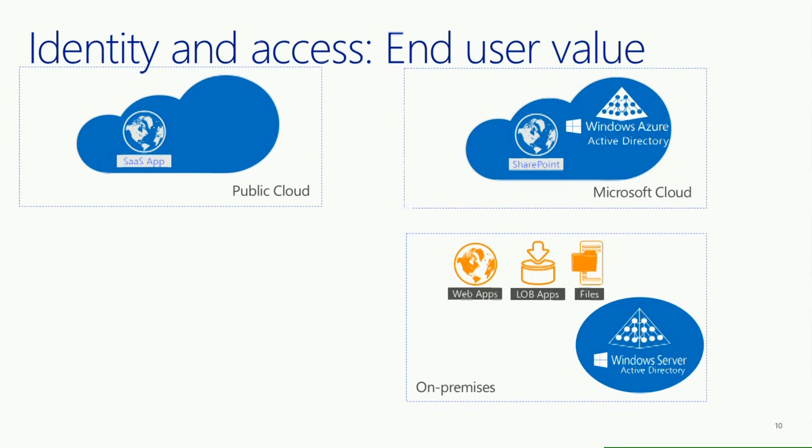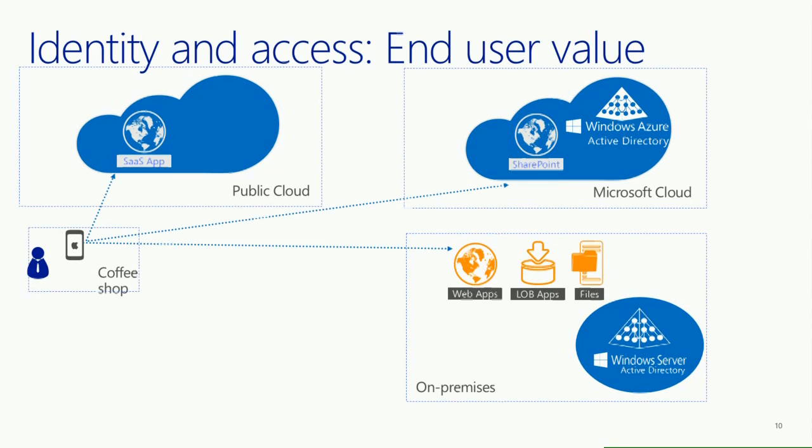Now, let me focus, just to solidify what I'm really describing. From an identity perspective, I could be on my iOS device in a coffee shop accessing a company resource. It could be resources that live inside my firewall, resources in our cloud, or resources in a third-party cloud or a partner organization.